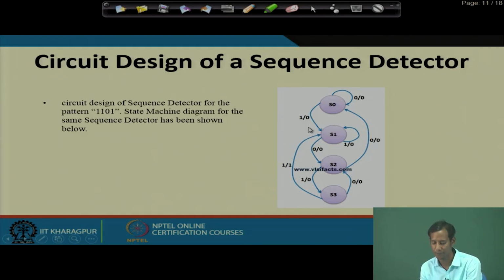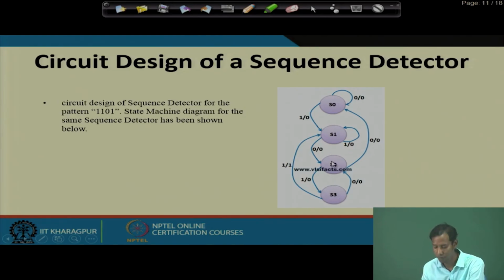If it is found to be 0, that means there is a match for the sequence I need to detect so far, so it will go to the next state, which is S2. Then in S2, if I find 1, it will go to S3.